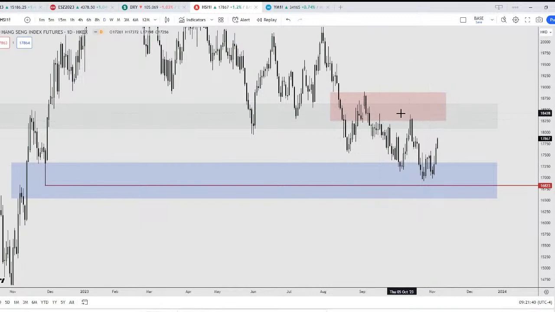So during high resistance liquidity runs, it usually pulls back a lot, takes out some measure of sell stops or buy stops, and then drops to the target. Okay, so yeah, I believe I am still bearish on HSI.